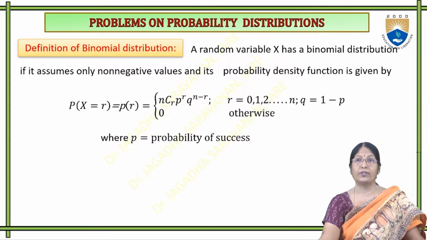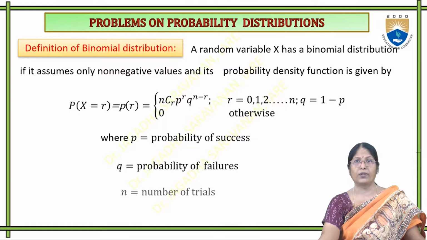Here the notations and explanations are given. P is the probability of success, Q is the probability of failure, and n is the number of trials.